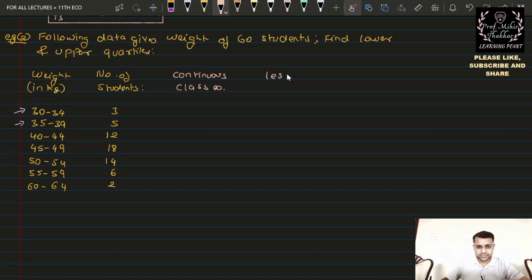And then the less than cumulative frequency. So what are the continuous classes? Subtract 0.5 from the lower value and add 0.5 to the upper limit.